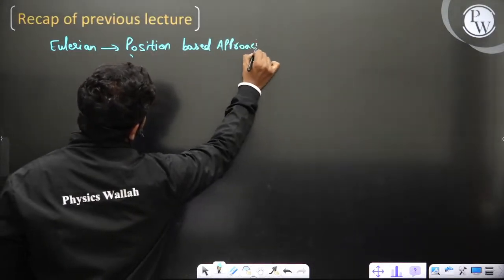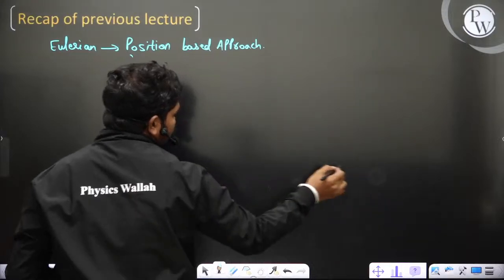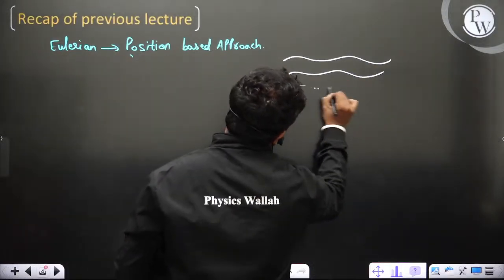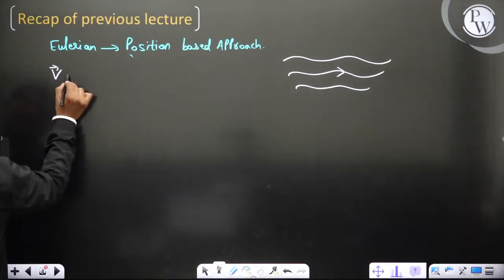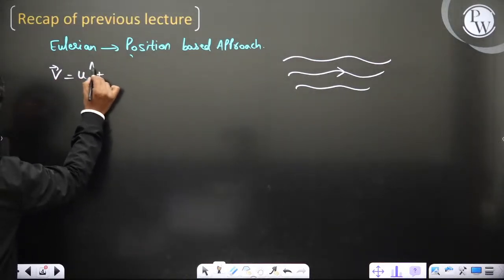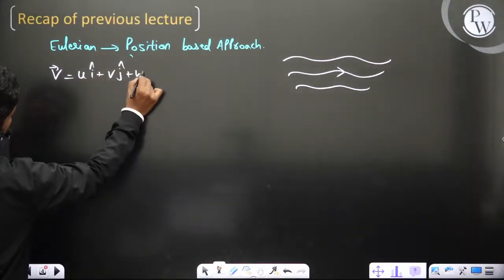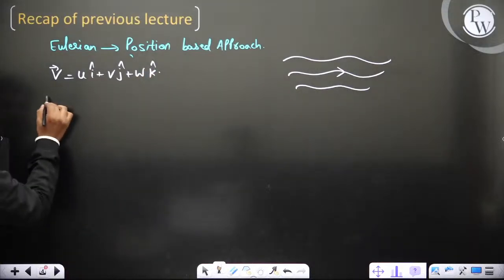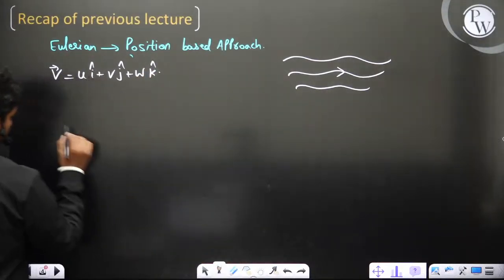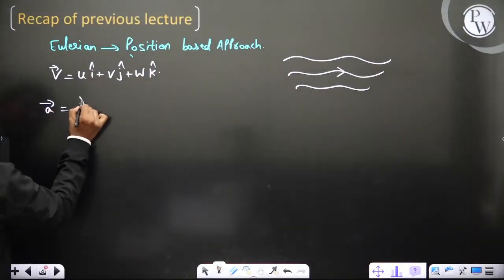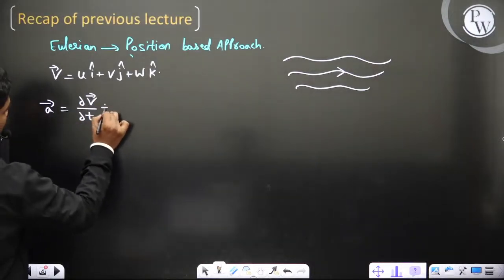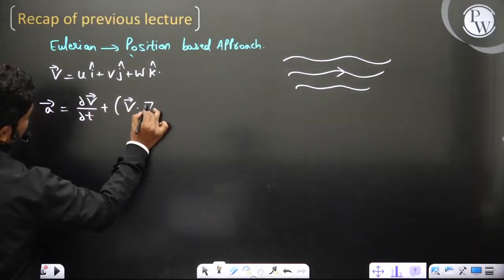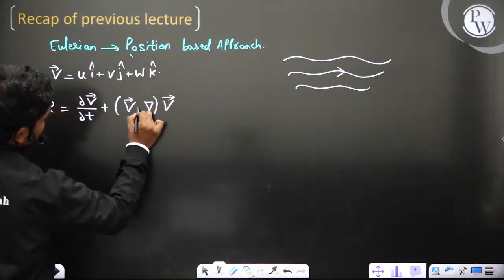If you have a flow like this, then velocity at any location can be a function of ui plus vj plus wk. And this acceleration, if you do a bit of detailed chain rule analysis, purely maths, nothing big mathematical, we get this operator operating on this vector v bar.